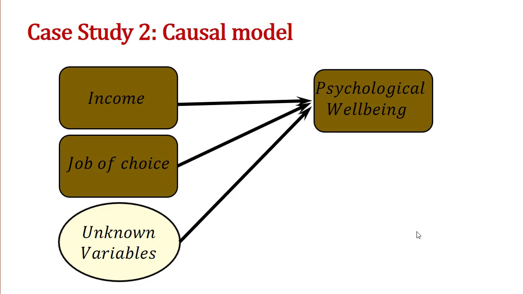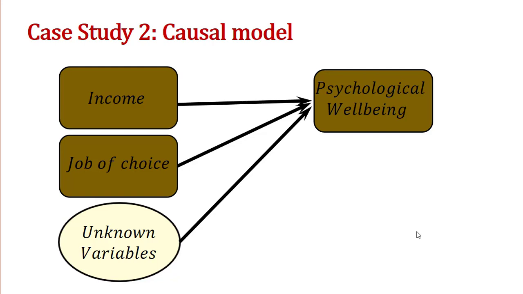Okay, so in this case study, we use again the data set that we used in previous videos. In this case, instead of investigating the role of some variables in academic achievement, the variable that we are going to use as dependent variable is psychological well-being.